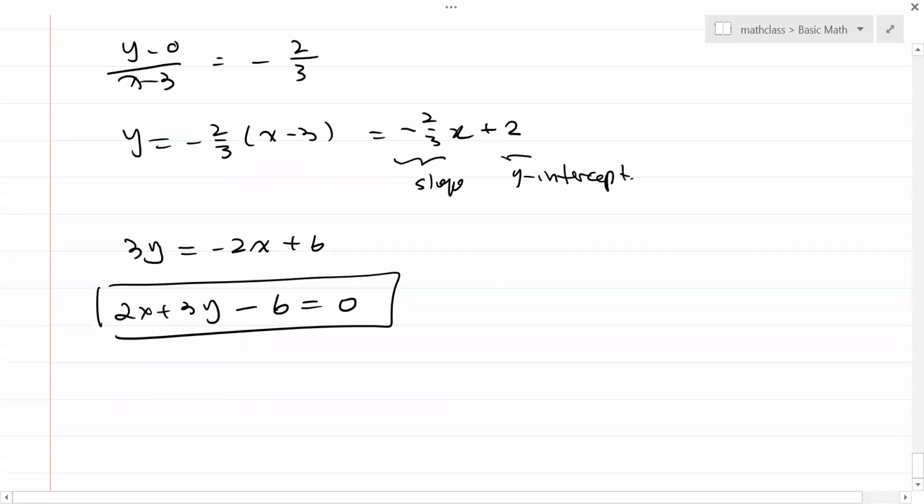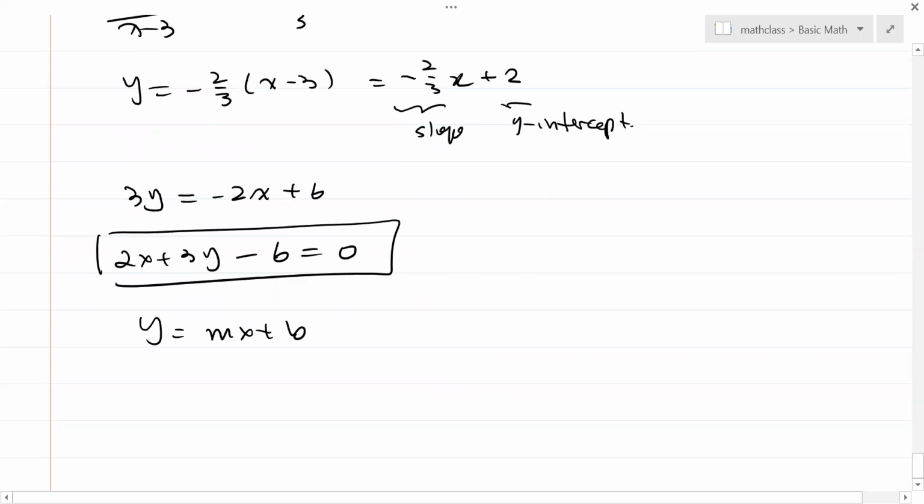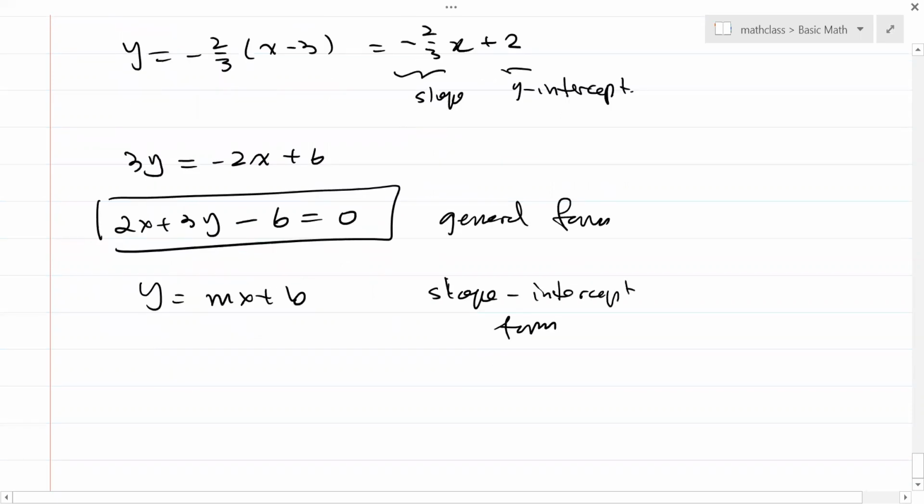But remember, if you want to get the slope and you don't want to sketch the graph, you have to state the equation in the form y equals mx plus b. If you can express it in this form, it's called the slope-intercept form, a general form, and then you can get the slope.